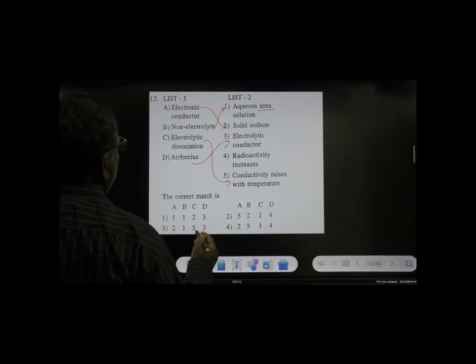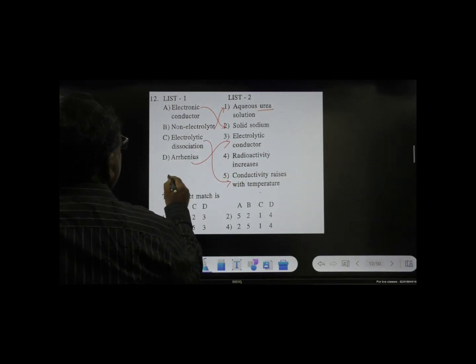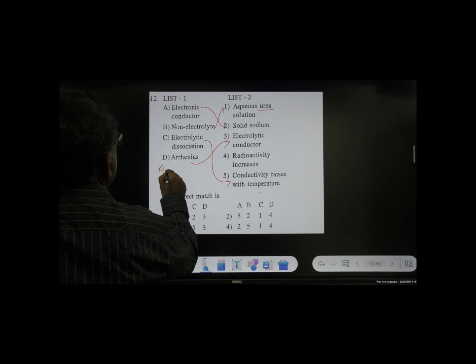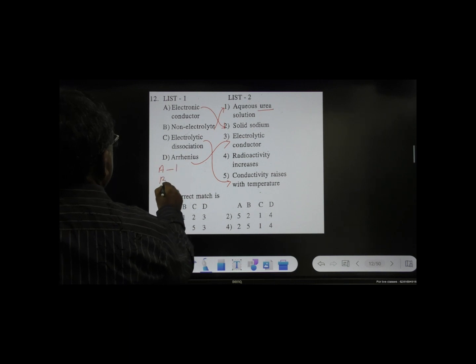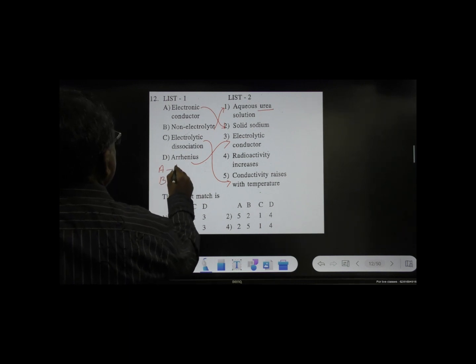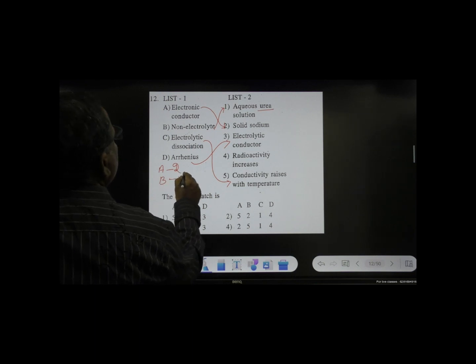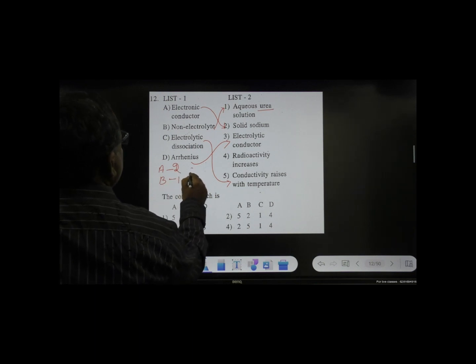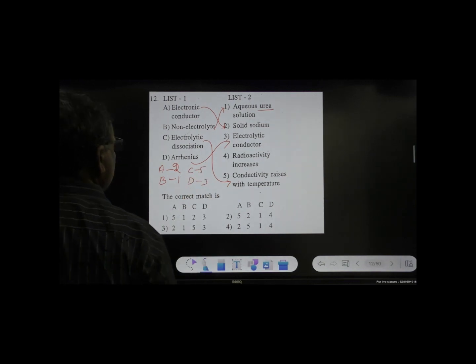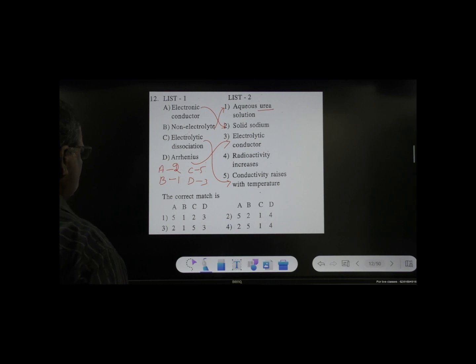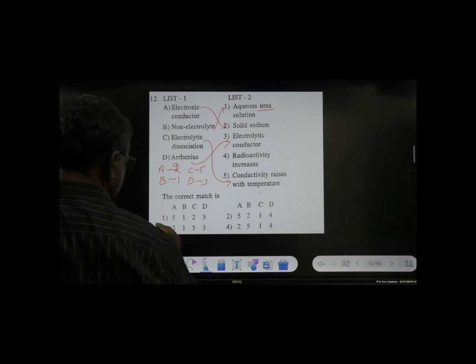So A1, A2, B1, C5, D3: 2, 1, 5, 3, that is the third option.